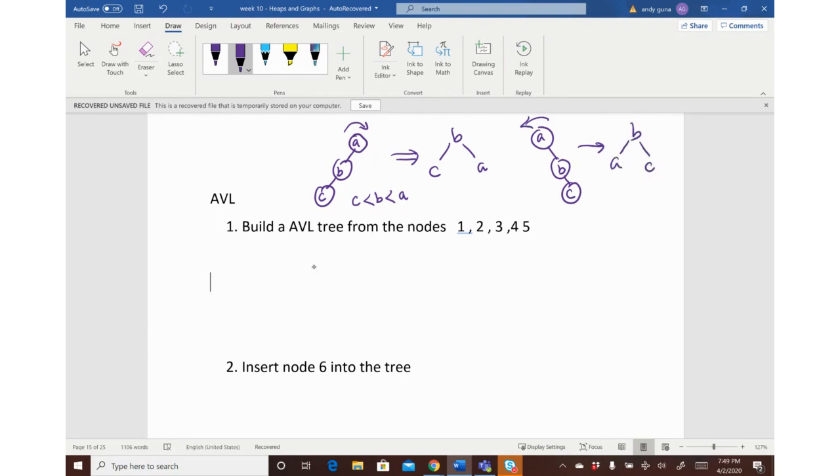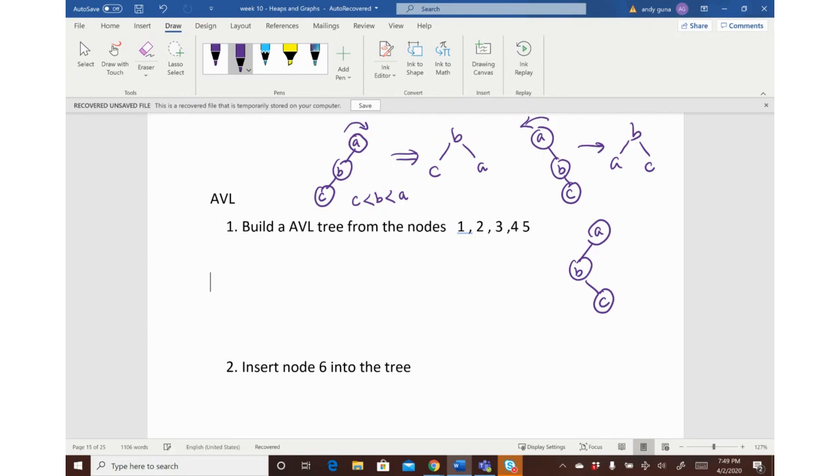The third case is that you have A, B, C. Now, the way we fix this tree, we know the order of this tree is that B is less than A, but C is bigger than B, right?